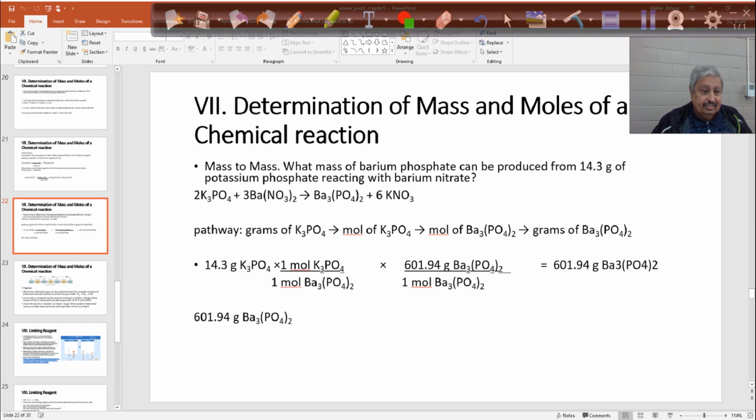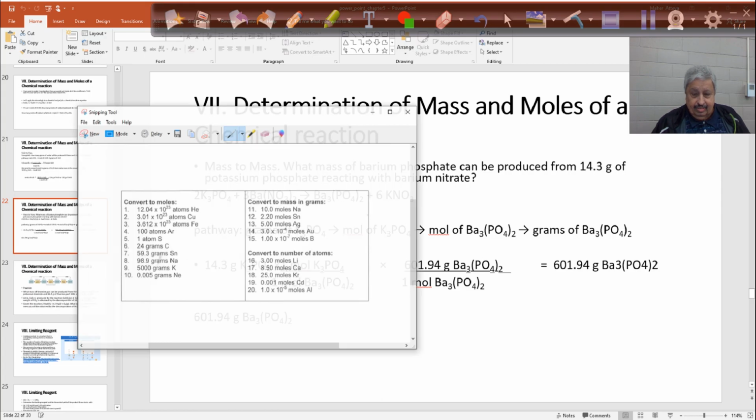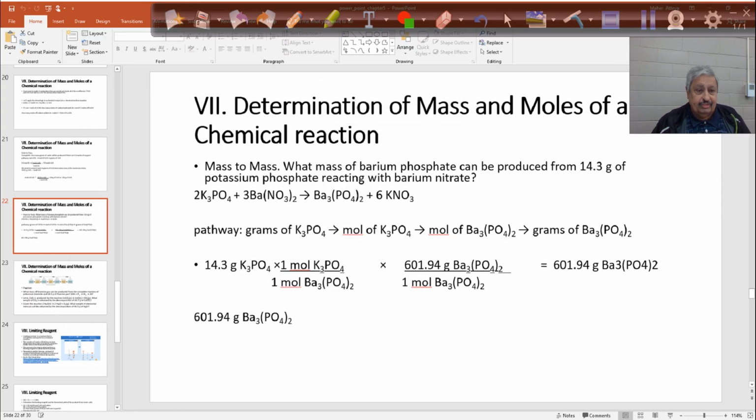So this is an example. Sometimes they give you a chemical reaction, and I can take this one here, snip it, and then tell you how many grams. So here it is, and then we'll solve it together.